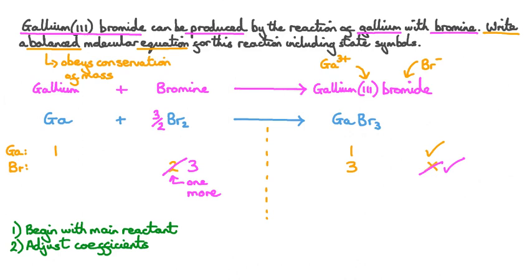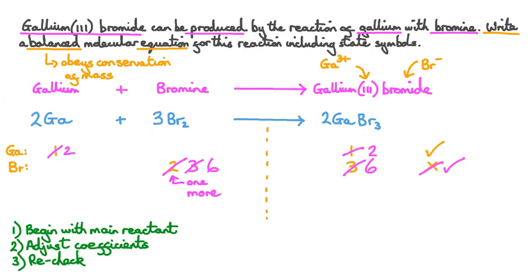However, it's not always nice to have fractional coefficients, so let's get rid of our fraction by multiplying the whole reaction by 2. This simply doubles the number of all of the atoms on both sides of our equation, so it's still balanced. But we can always recheck just to be sure.